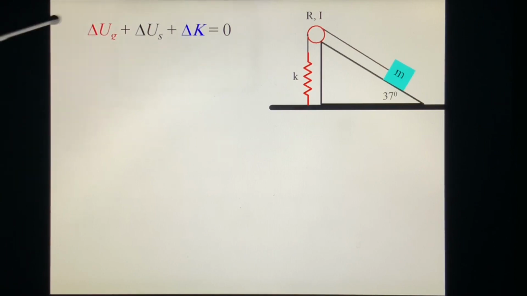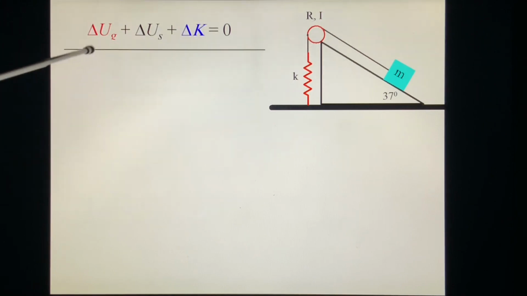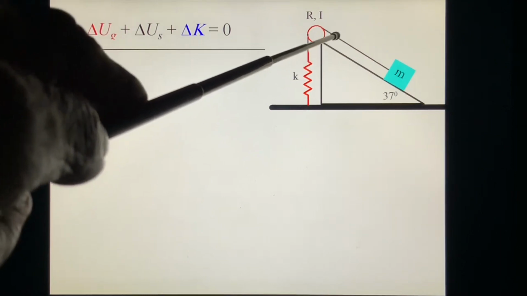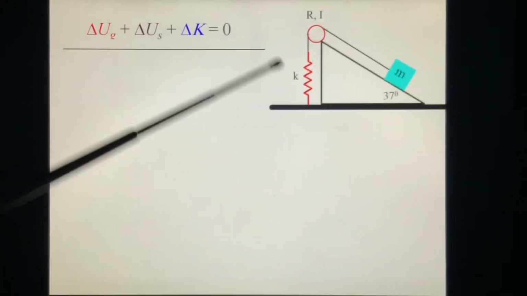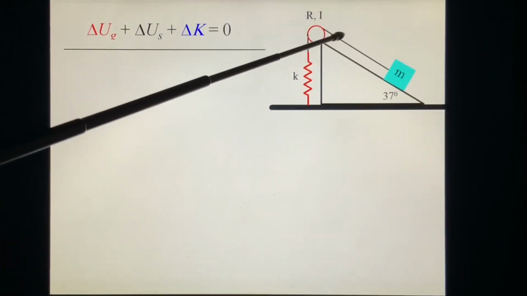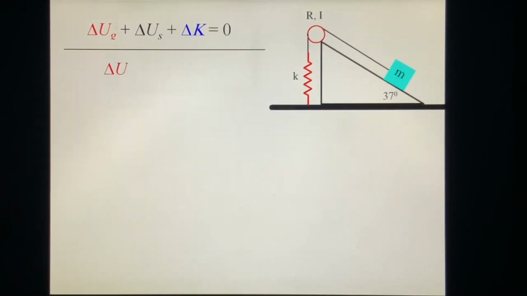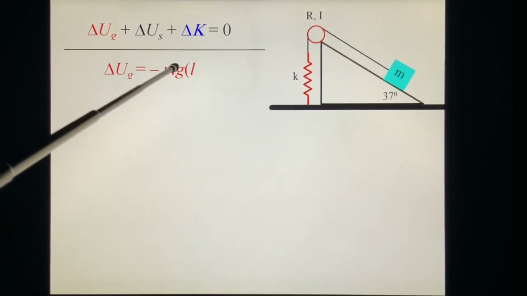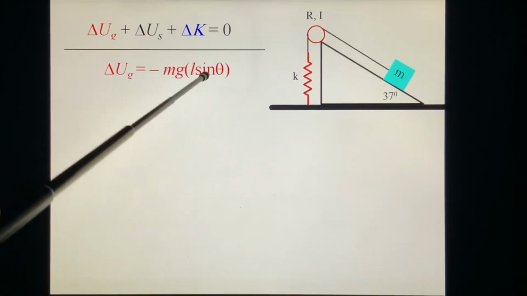Now, we try to get 1, 2, 3 different color. Delta U gravity, when it moves from here, starting to down, the potential energy decrease. How many? Because this is L, so this must be L sine theta. It's minus mg L sine theta, is mgh.